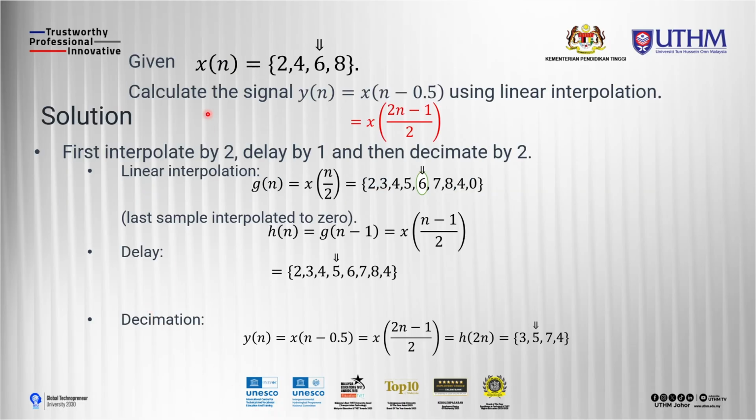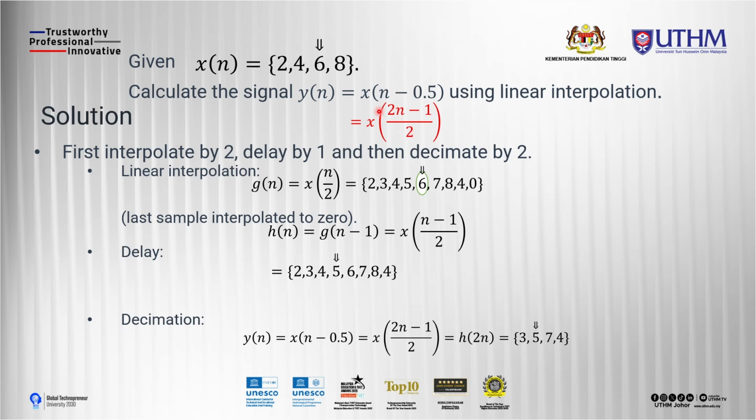First of all, we need to change this x[n - 0.5] into this format: x[(2n - 1)/2], because 0.5 is actually 1 over 2.